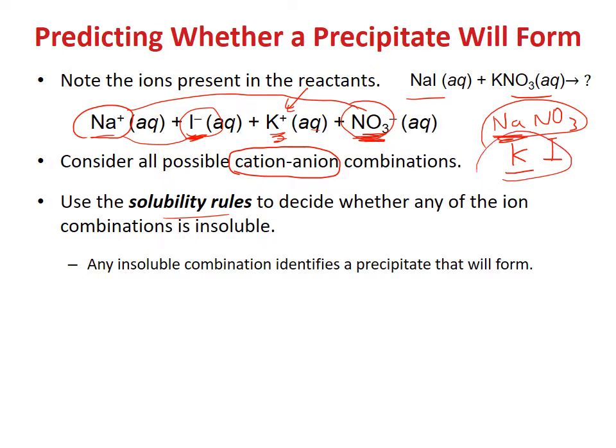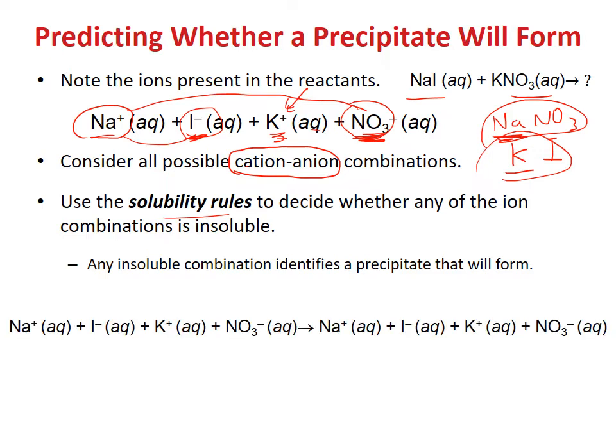So if the reaction does occur, you would see the products still dissociate into ions: sodium ion, potassium ion, iodide ion, nitrate ion, and these are the same as the reactant ions. So these are all spectator ions, and no net precipitation reaction will occur. So no precipitation reaction occurs.